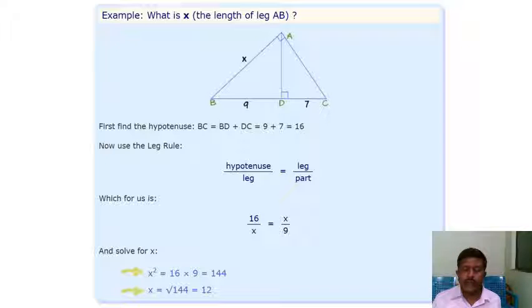So thus we get 16 upon x, x into 9, x into x square, 16 into 9, 144. Take square root of both sides, x is equal to root 144. So taking square root of 144, we get 12.